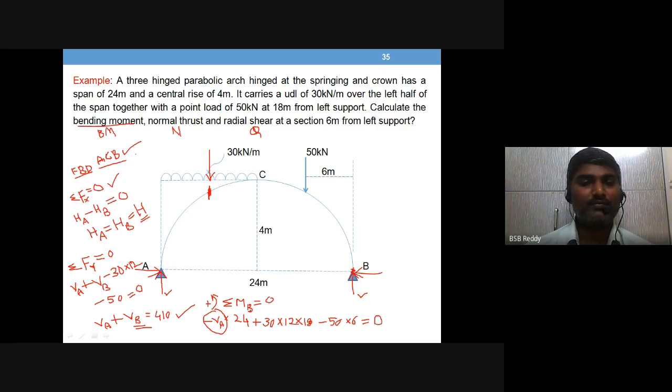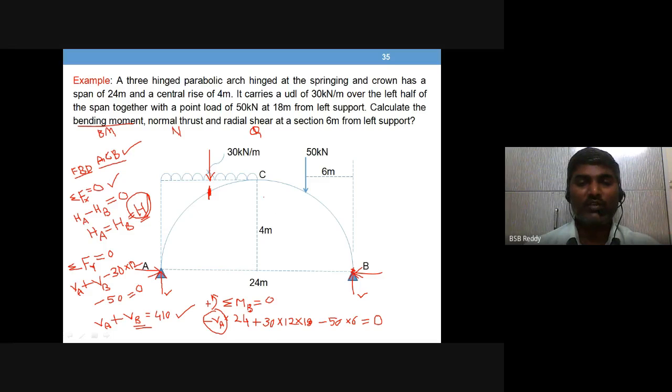So you have taken the full arch and you have taken three equilibrium equations and solved for the VA value, VB value, and then you found that HA is equal to HB and it is equal to H. So now the leftover reaction is the value H. How do you get it? It is from one more equation that is required, because there are four unknowns and you have only used three equations. You need to use one more equation.